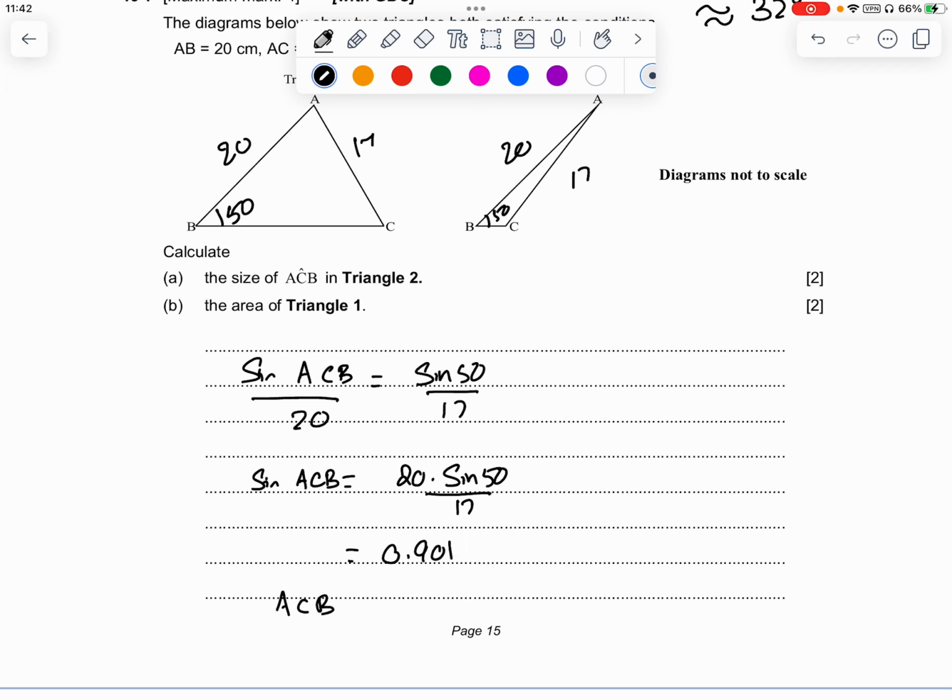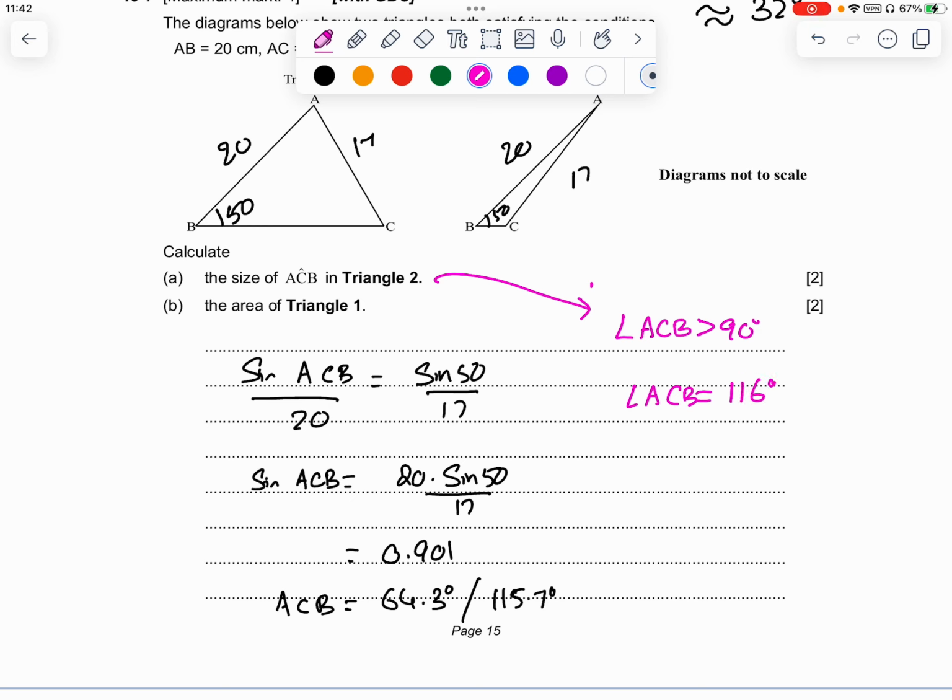So angle ACB will be 64.3 degrees, or 180 minus 64.3, 115.7 degrees. Now we know that in part A, in the second triangle, angle ACB is greater than 90 degrees. So therefore, I am going to take angle ACB as 116 degrees.